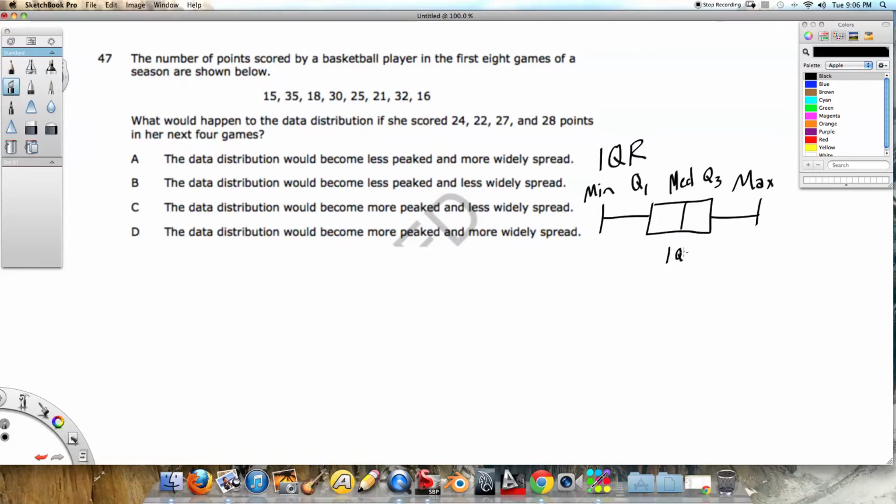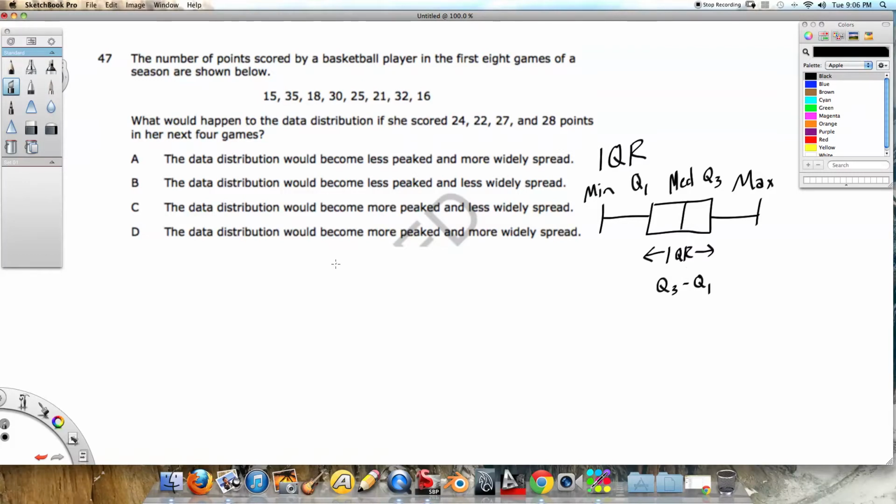The IQR is the distance between those two, so to find it we do Q3 minus Q1. That distance is the best measure of spread, because the minimum and maximum could be very big or very low. They could be outliers, and wouldn't be as good a measure of the spread as the IQR. The interquartile range is the best.